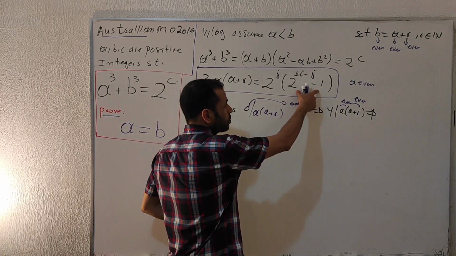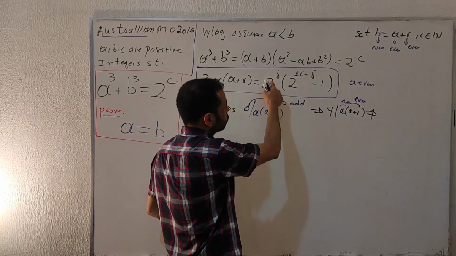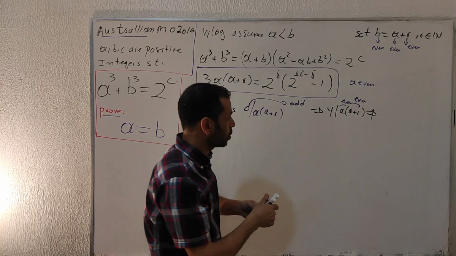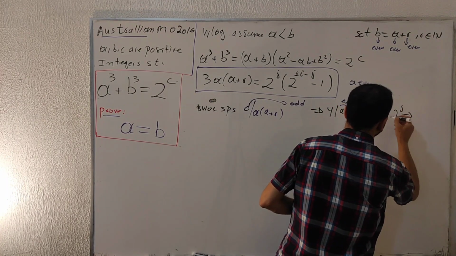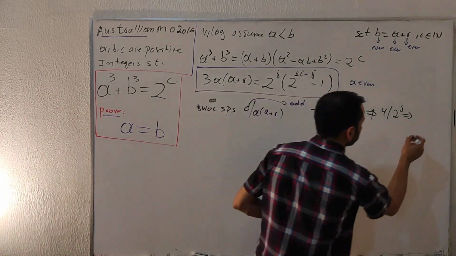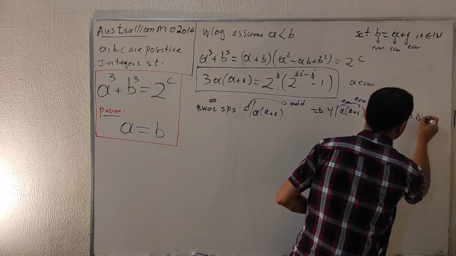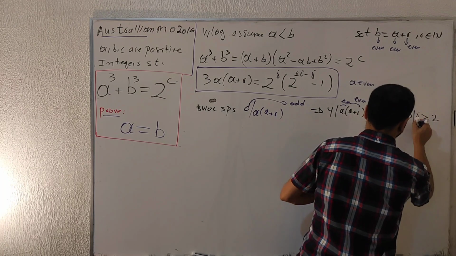But this one is odd, not divisible by number 4, which means this term 2 to the j is divisible by number 4. So 4 divides 2 to the j. If 4 divides 2 to the j, then j is always at least 2.